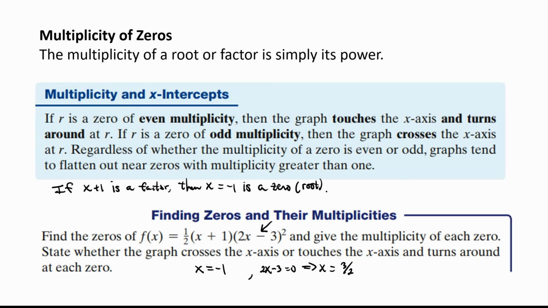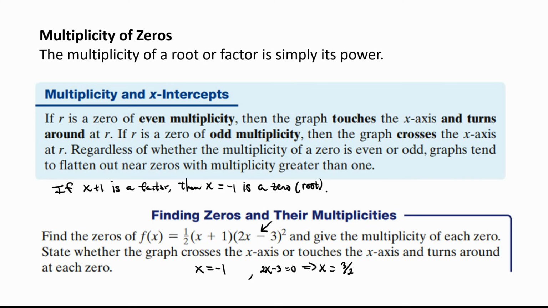Now x equal to negative 1 occurs once because its power is 1. And x equal to 3/2 occurs twice because its power is 2. So that power represents the multiplicity. How many times does this root occur?